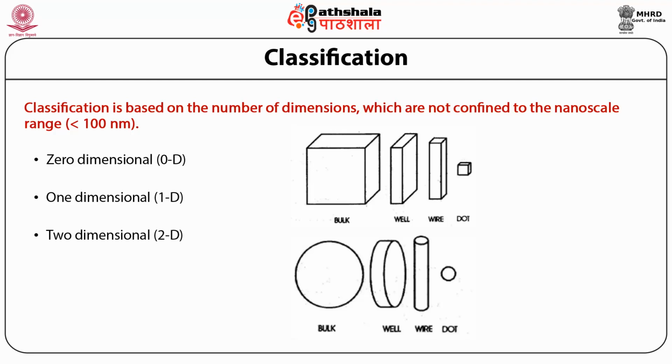And the fourth and the final one is three-dimensional nanostructure. The three-dimensional nanostructures are the bulk nanostructures where they behave classically, whereas the 0, 1 or 2-dimensional nanostructures behave quantum mechanically.